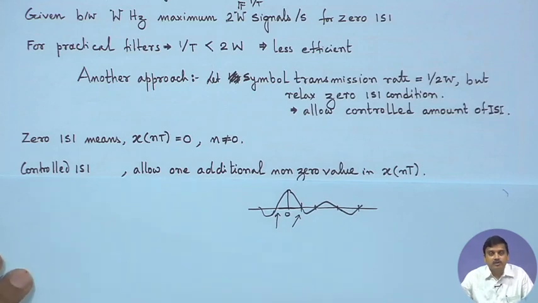We are going to get a symbol duration which is 2T, that means longer, and hence we are restricting ourselves to a bandwidth which is much smaller than the Nyquist bandwidth, and the remaining bandwidth could be allowed for the roll off. The problem is, you could say that you are signaling at a much slower rate 1 by 2T, but if we send a signal at 1 by T, what we get is inter-symbol interference. But since there are only 2 symbols interfering, we should be able to cancel, and that is what we are going to see in this part of the lecture.